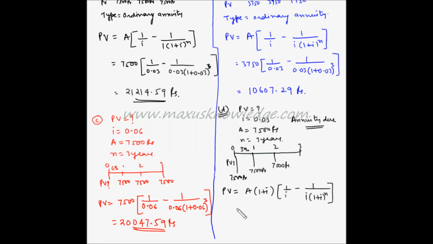So let's plug in the values. So A is 7500, 1 plus I is 1 plus 0.03, 1 divided by 0.03 minus 1 divided by 0.03 into 1 plus 0.03 to the power n, where n is 3.